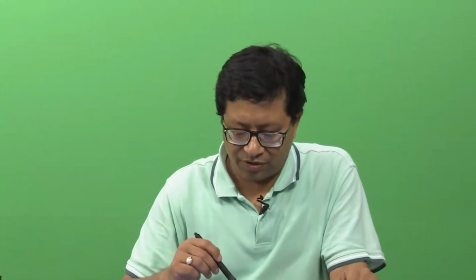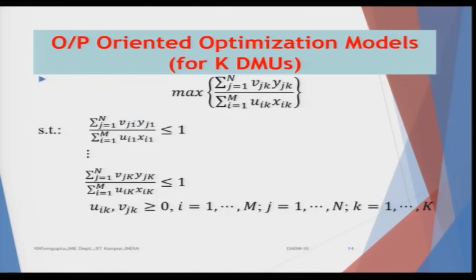So, what I will have is, for k equal to 1, which is the first DMU, the bundle of outputs divided by the bundle of inputs is less than equal to 1. Similarly, I will have a second constraint where in the numerator I will have the summation of the bundle of outputs for the second DMU divided by the bundle of inputs for the second DMU, also less than equal to 1.